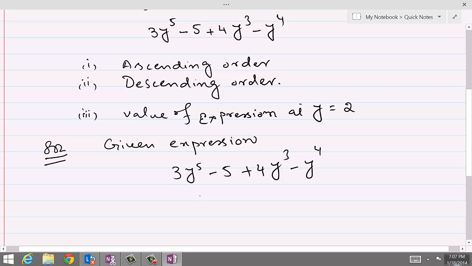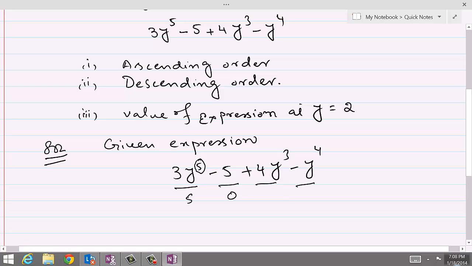We know that this is the first term, second term, third term, fourth term. So what is the degree of this term? The degree of this term is 5. The exponent of the variable is the degree. A constant term always has the degree equal to 0.